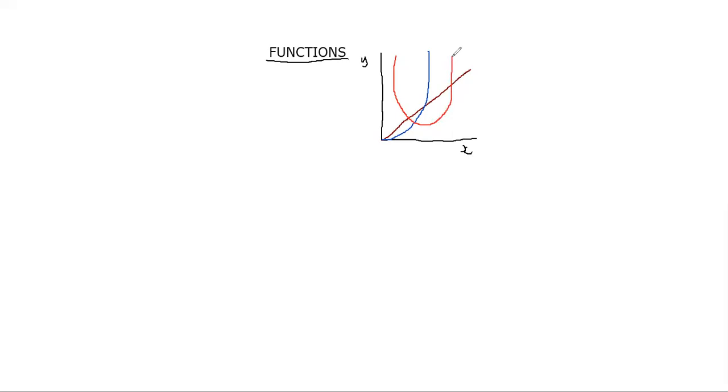All these represent functions. No matter what type of graph we get, it shows the relationship between two variables. That is what I want you to understand. That is functions in simplest terms.